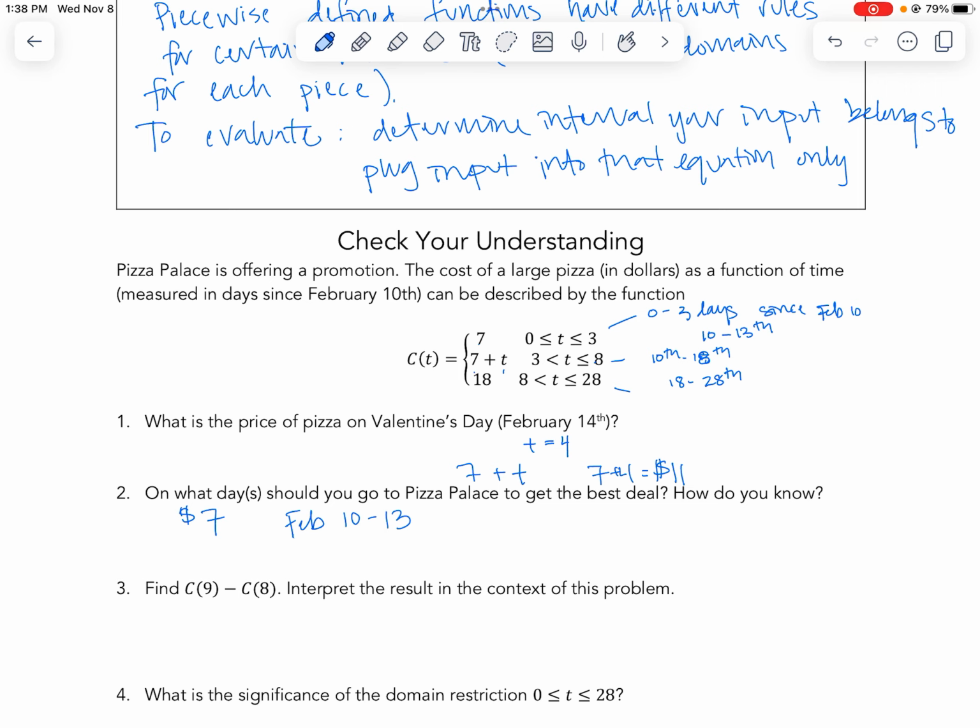Okay, now in 3, find C of 9 minus C of 8, and let's interpret the result in the context of the problem. Well, C of 9 minus C of 8, we'll evaluate it first and then talk about what it means.